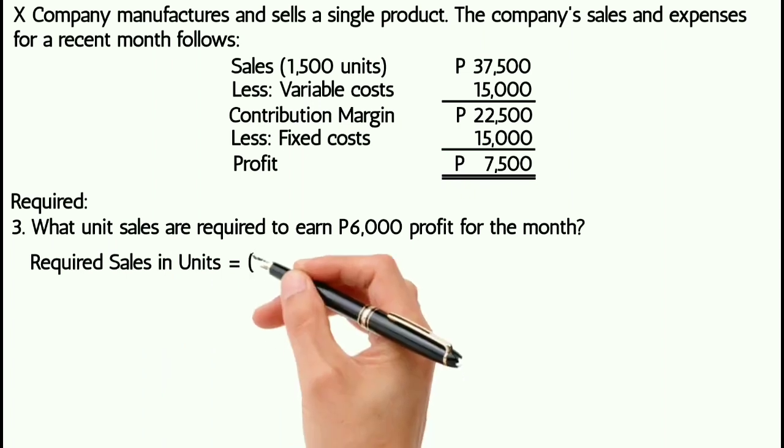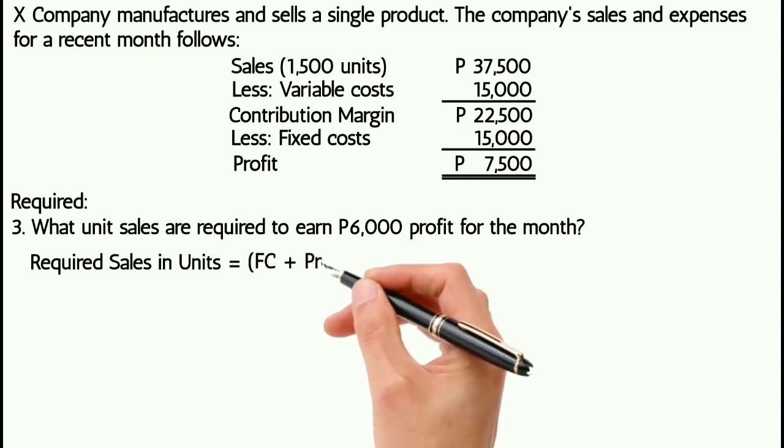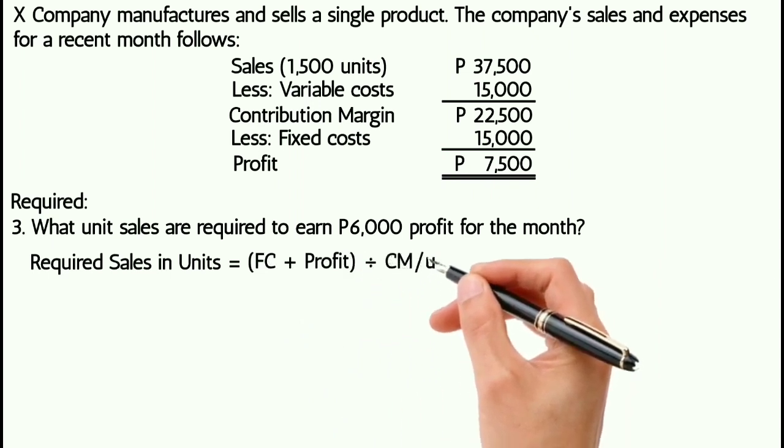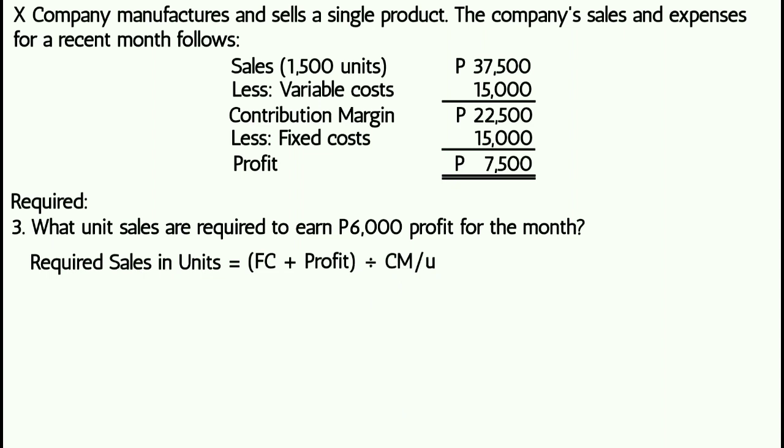And the formula for that is fixed cost plus profit divided by contribution margin per unit. Recall na ang gagamitin na profit sa computation ay profit before tax. Since hindi binigay dito sa requirement kung yung 6,000 pesos ba na profit ay profit before tax or profit after tax, assume that the 6,000 pesos profit is profit before tax.